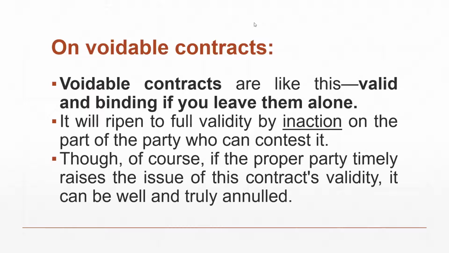What if he holds his peace? After the passage of a particular period of time, the voidable contract will then become fully valid. Of course, if the proper party timely raises the issue of the validity of this contract, a voidable contract can be well and truly annulled.